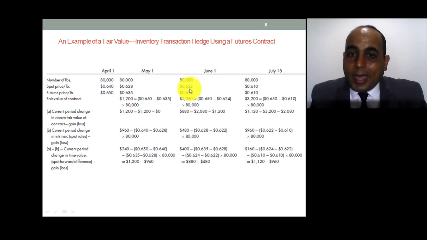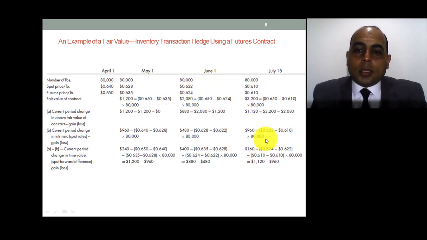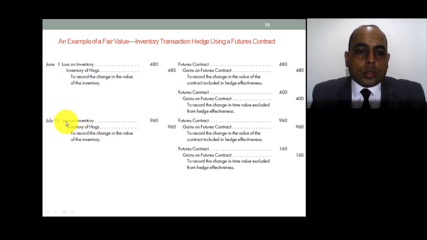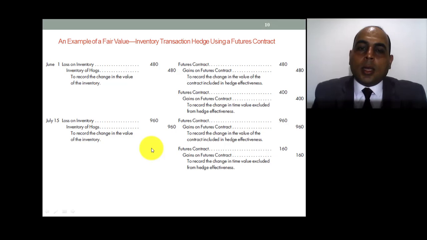Because we hold it, you have to adjust it according to the prices, because as we agreed minutes before, we have to calculate it according to fair value because it's associated to a future contract. Here we are talking about dropping the prices from 622 to 610. So we have a loss of 960. You have to record it. Loss on inventory of hugs 960 and 960.